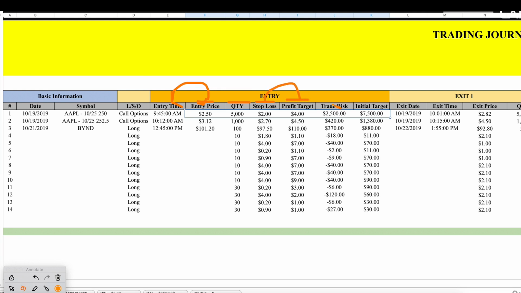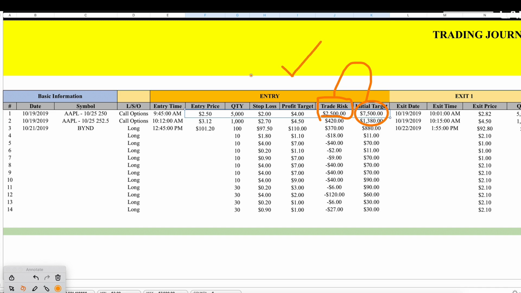So basically I'm risking about $2,500 to make about $7,500. Now, as I've mentioned plenty of times, it looks great when it's shown like this. Before you're in the trade and you're making your plan, it looks phenomenal. It's like, wow, I'm risking $2,500 to potentially make $7,500. That's a great trade.